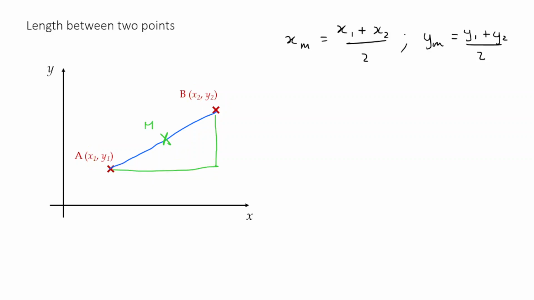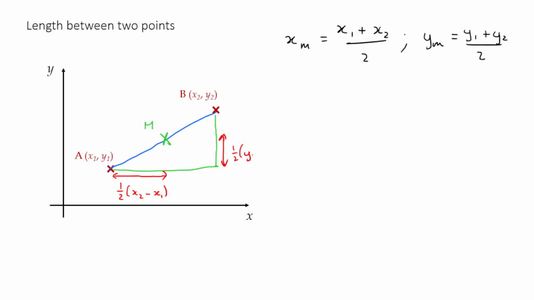So let me try to draw that one now. This distance here, I'm saying, is a half of x2 minus x1. And we can think the same way. What's this distance here? This distance has got to be y2 minus y1. So what's half of that distance? Well, it's got to be half that. This distance here has got to be a half of y2 minus y1.